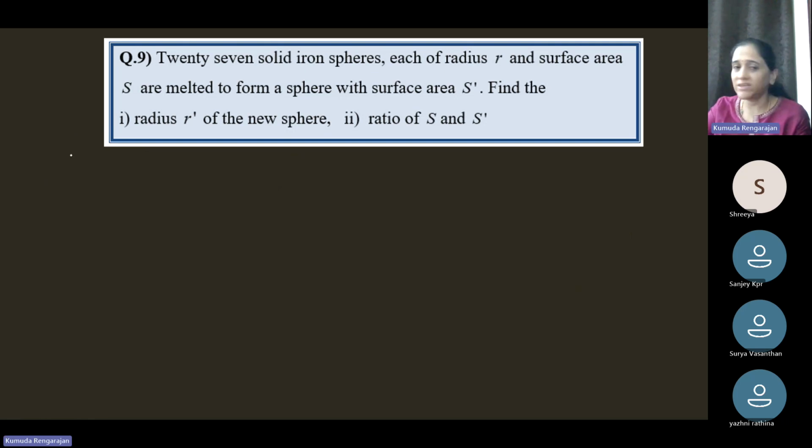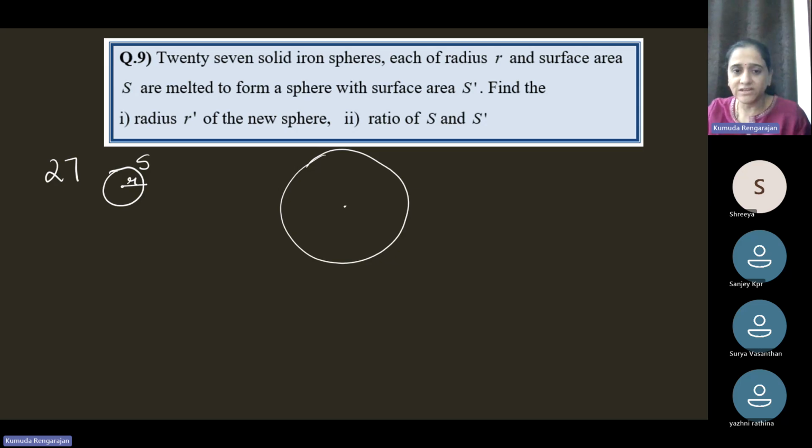See here, so what do we have? We have 27 small spheres, each of radius r and surface area s. All these 27 spheres are melted and made into one big sphere of radius r dash and surface area S dash.